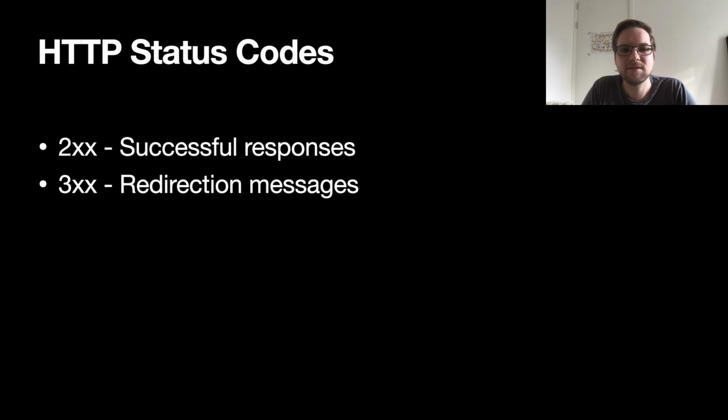The next group is the 300s. They are redirection messages. So if some image moved from one URL to another, or some website moved from one URL to another, you might get a 300 redirection message, which means, yeah, your website has been found, but it's at a different URL. Please go there.